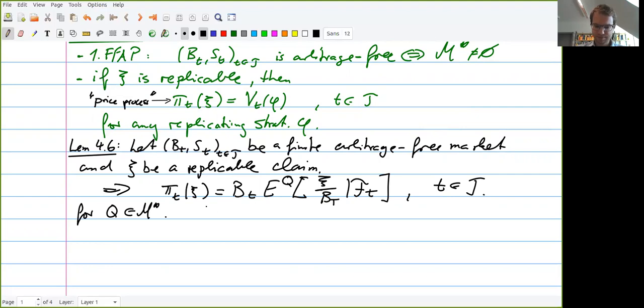In particular, from the previous results we already developed, we know that this price process for replicable options is unique. So this means that the price process, given by the martingale measures, is always the same. It doesn't matter which martingale measure you take.